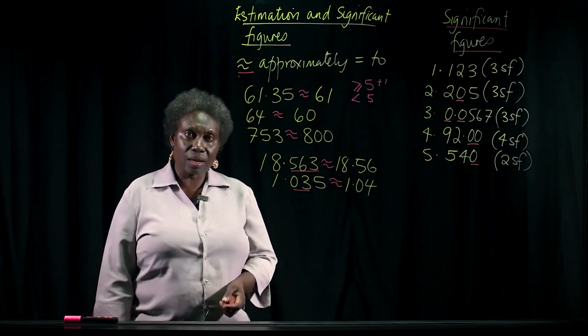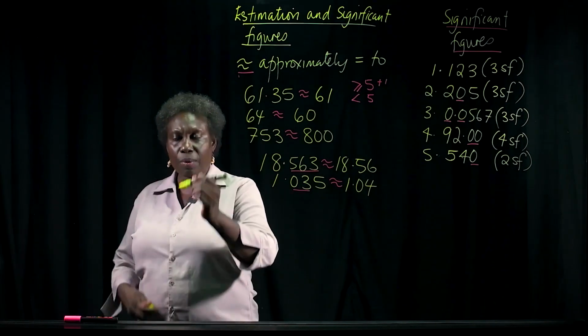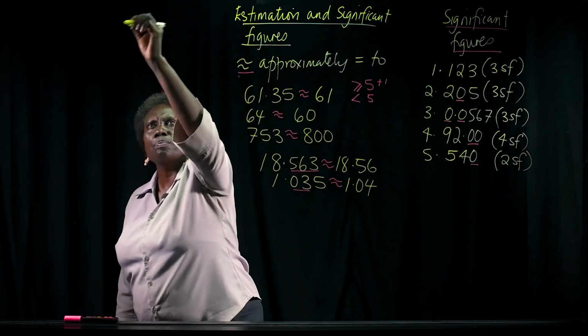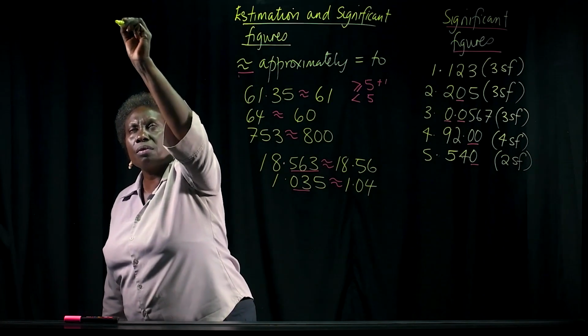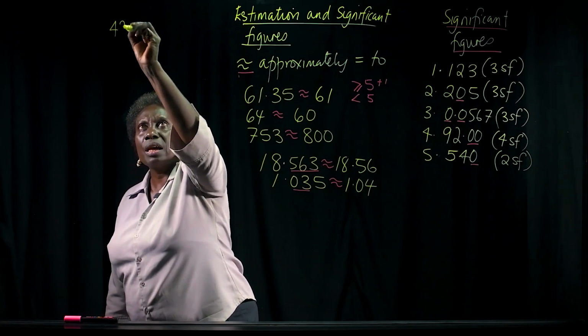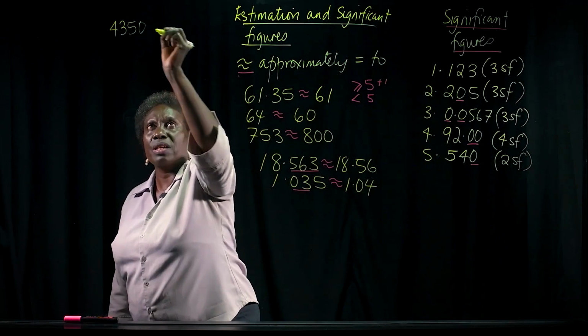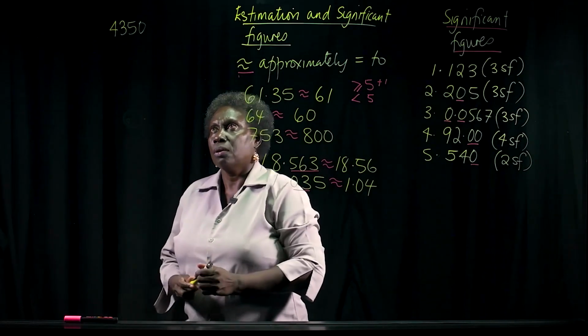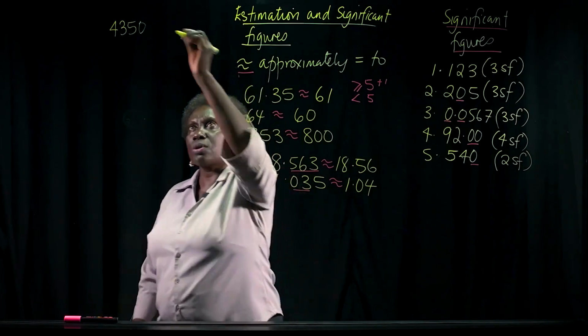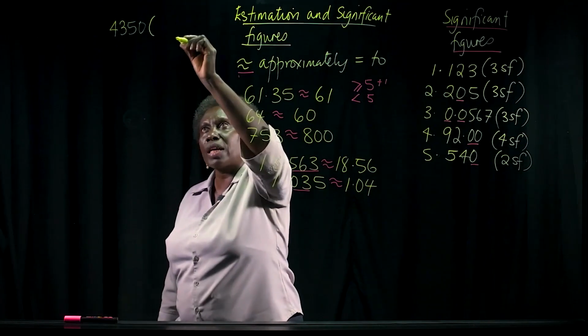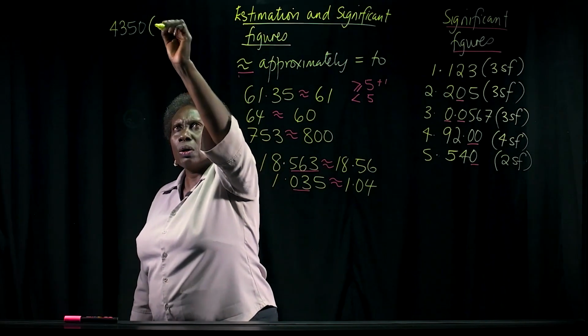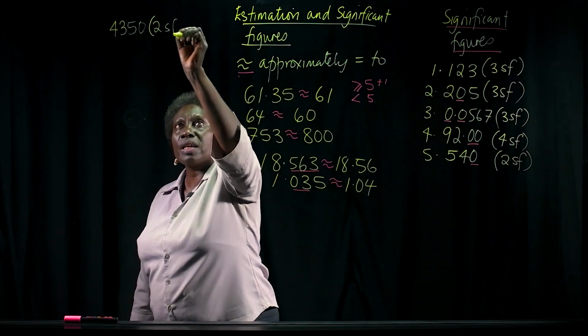Okay, let's start with the first example. Our first example is 4,350. We want to round off 4,350 correct to two significant figures.